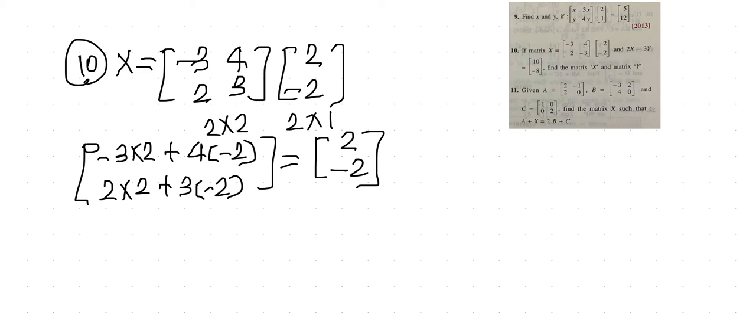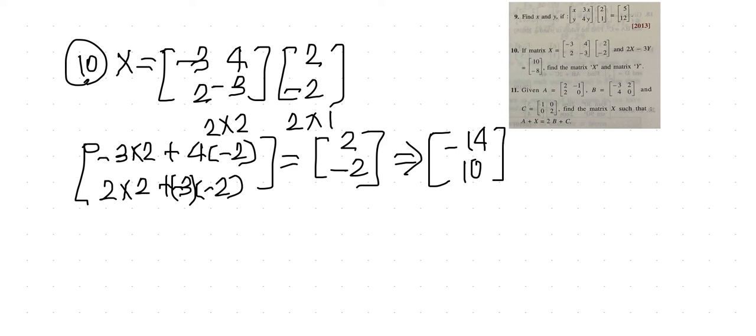So this is going to be equal to minus 6 minus 8, which is minus 14. And here, 2 into 2 plus 3 into minus 2. How much is this? Have I written anything wrong? Okay, this is minus 3, children. Minus 3 into minus 2 is plus 6. So 4 plus 6 is 10. So this is the matrix X that I am getting.